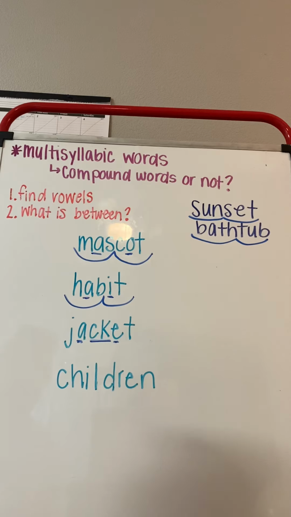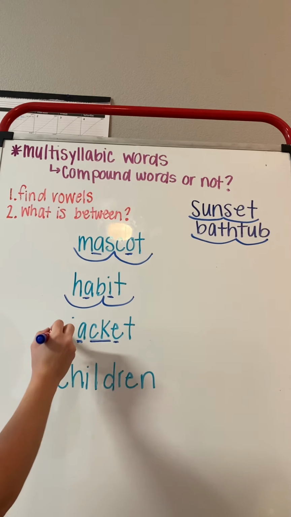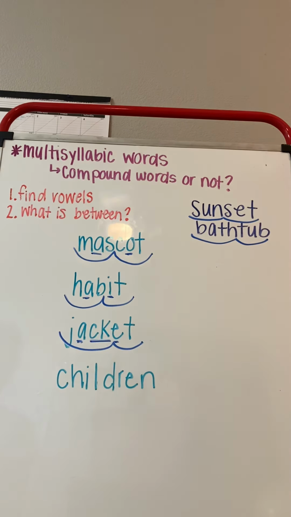And your brain should sort of be thinking of those colored cards in our classroom thinking, we can't break up C and K. They have to stay together because it's a digraph, okay? So it's going to kind of look like the word mascot, it's going to kind of look like habit where we're closing in that syllable, but the K is actually going to go with the C because we can't break up that digraph, okay? So jack-it, all right?